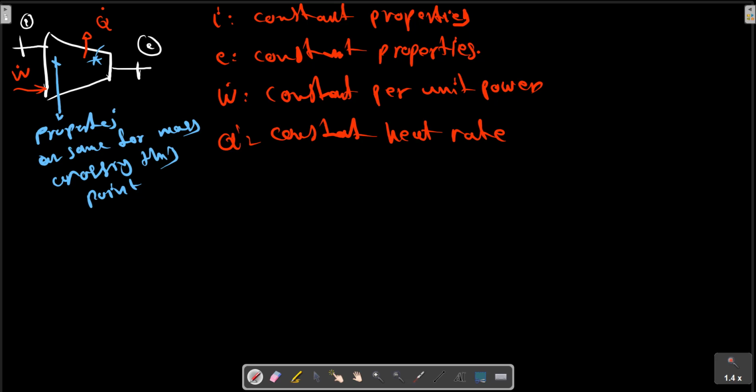Often such a process is referred to as a steady state process.